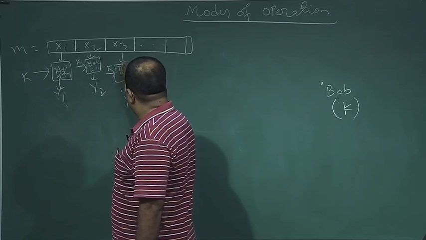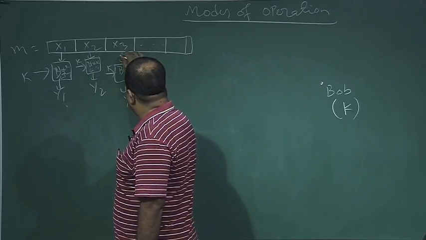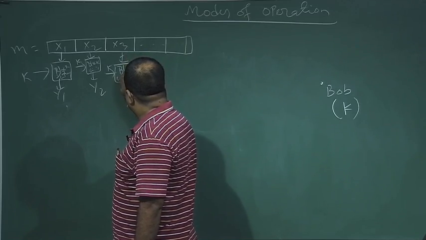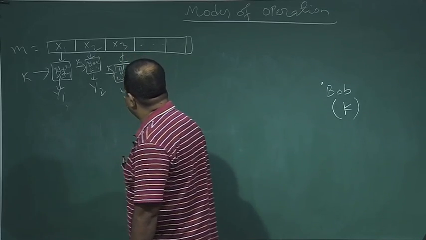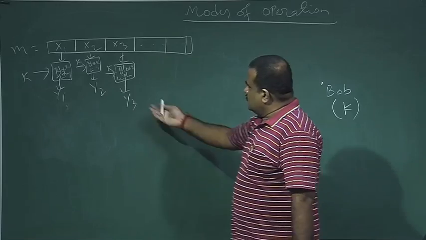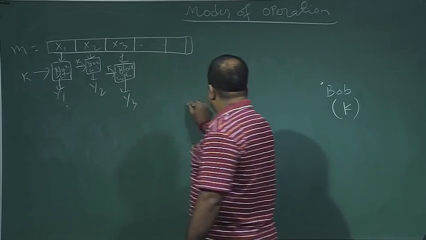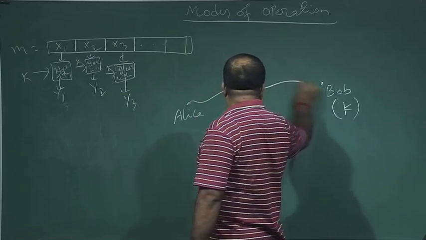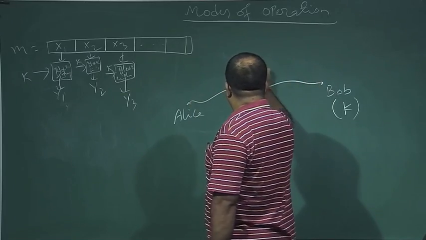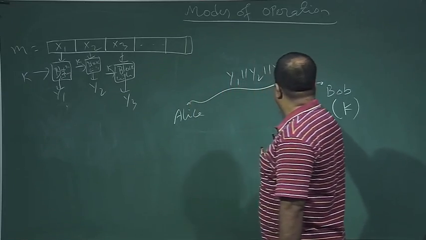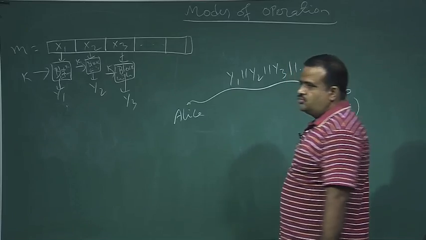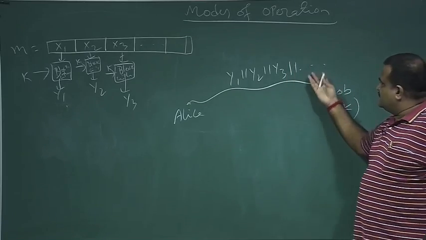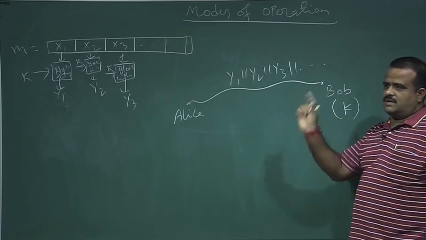This could be DES or AES depending on the size of L. This is block cipher encryption. So, we get y1, y2, yn. This is the encryption, and Alice sends y1 concatenate y2 concatenate y3 to Bob, and Alice mentions the length of this message.